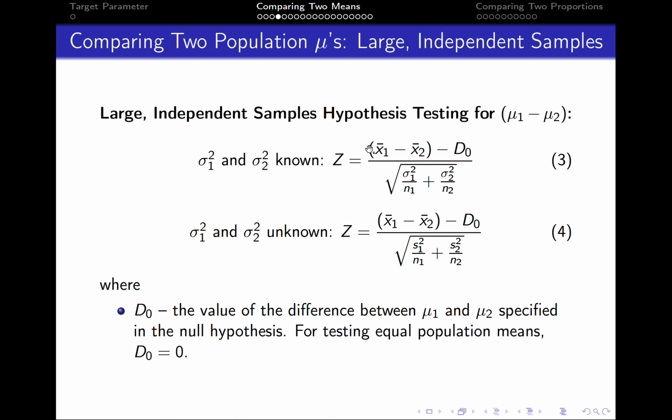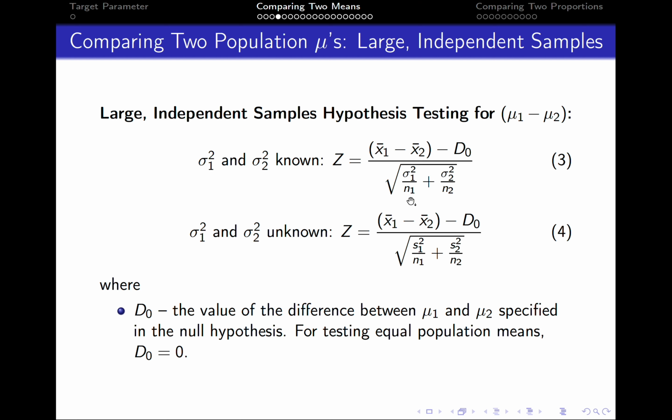In the numerator, we put the difference between two sample means minus d0, and d0 is the value of the difference between population mean 1 and population mean 2 specified in the null hypothesis. When we will be testing equal population means, d0 will be equal to 0. In other words, d0 is the hypothetical difference between two population means specified in the null hypothesis.